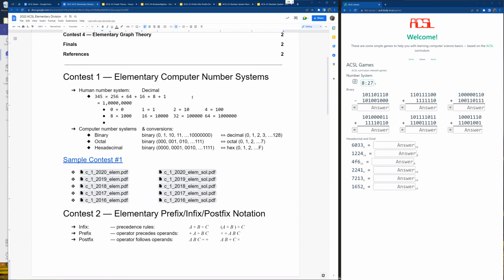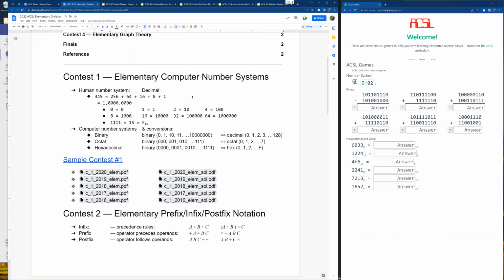So binary 1 1 1 1, what is this? 8 plus 4 plus 2 plus 1, that's 15. Now the next time you look at this, you would remember; it just automatically comes up, and it's F in hex.